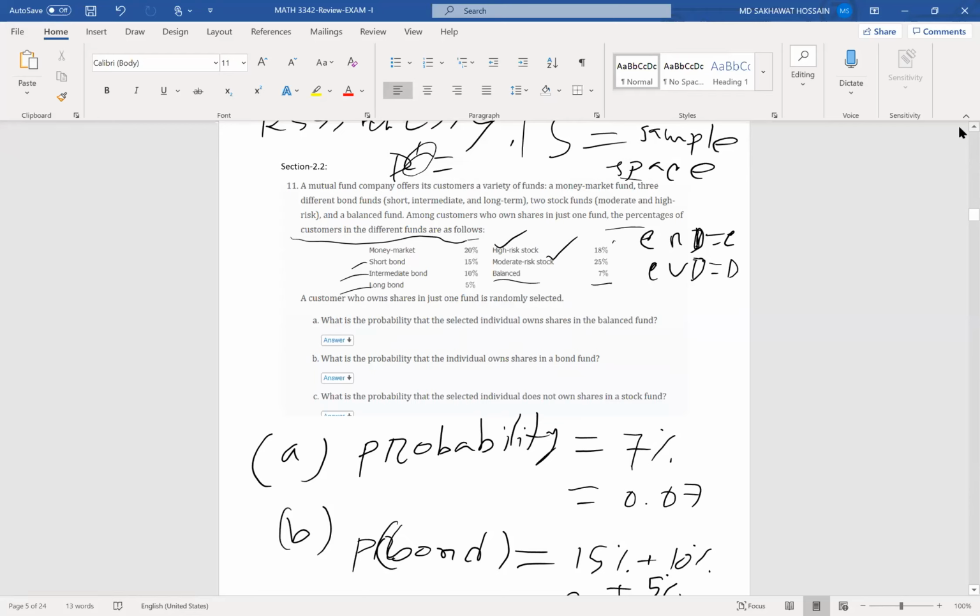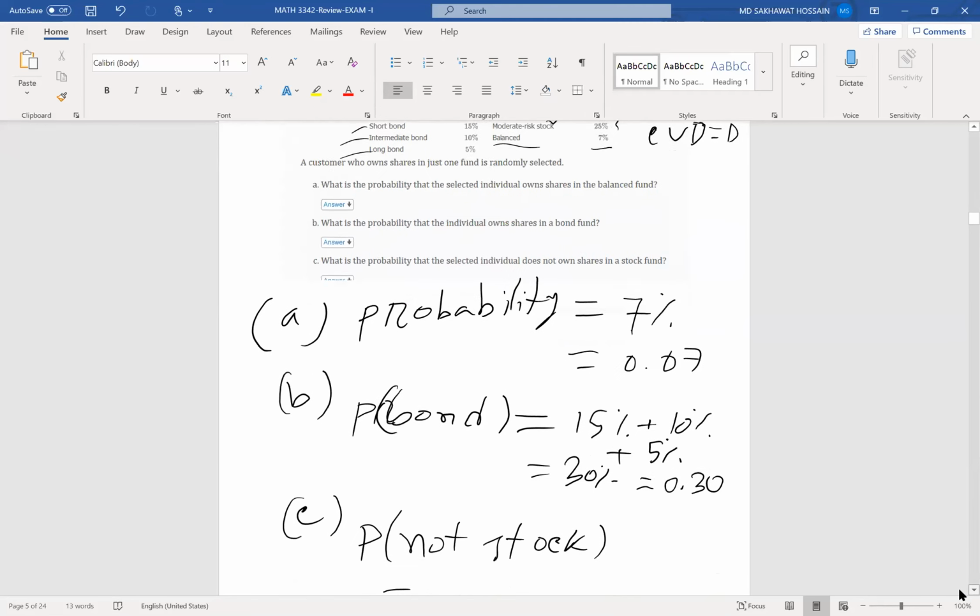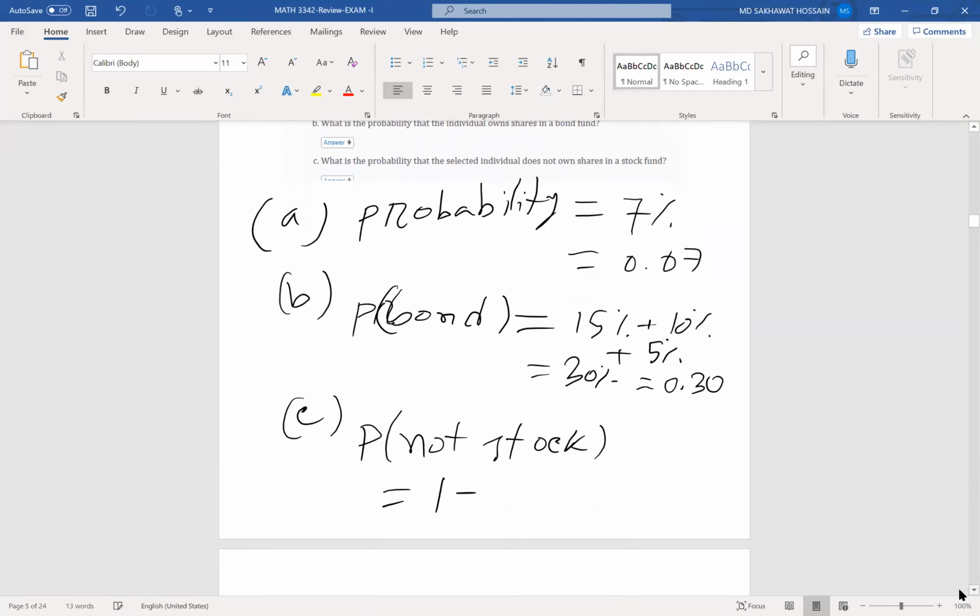We have only 2 stock funds, and this is 18% plus 25%, which is 43%. So you do 1 minus 0.43, and it will be 0.57.